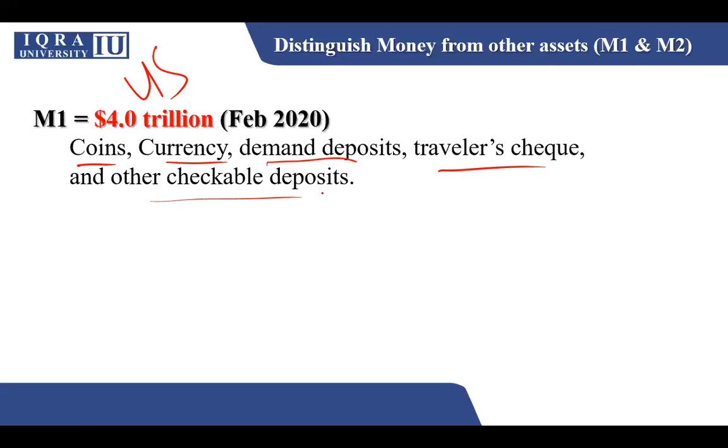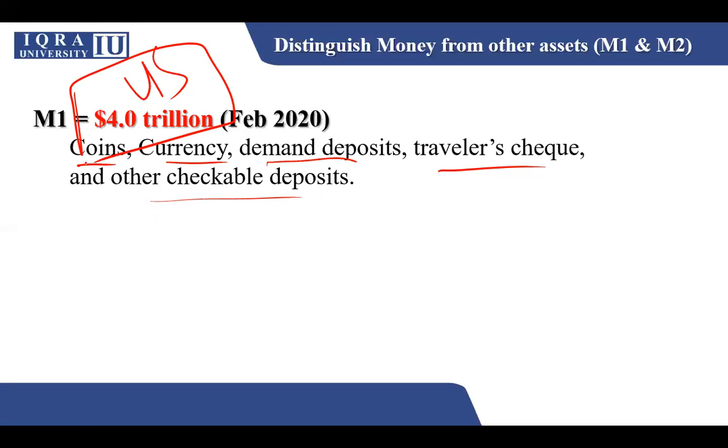So M1 includes all short-term accounts which can easily be converted into cash. So they are highly liquid in nature, M1, and the amount reported in February 2020 was 4 trillion in M1 money supply.